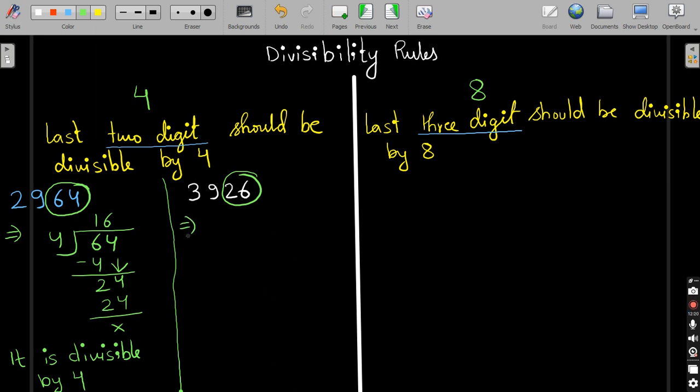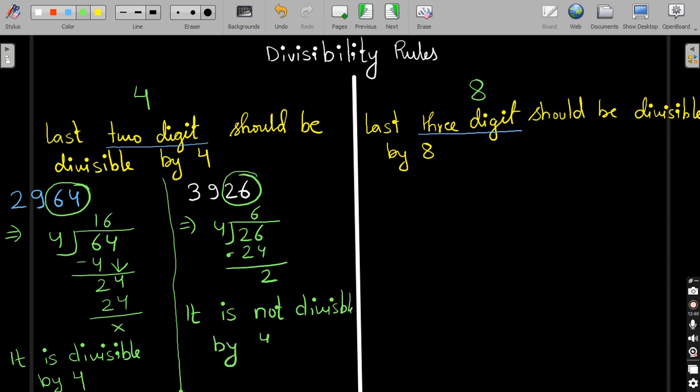Now let us divide by 4. 4 6s are 24, remainder 2. Now I can't solve further. Due to that I can say it is not divisible by 4. Which number? 3926 is not divisible by 4. But 2964 is divisible by 4 because the last two digits I already checked.